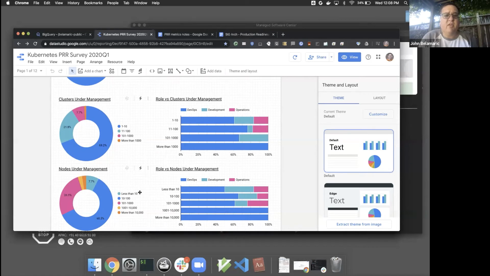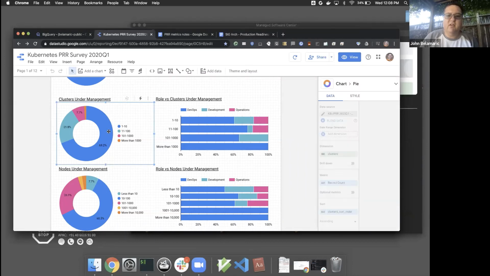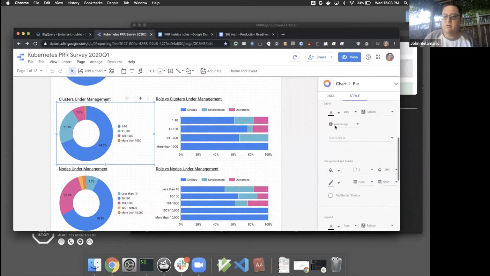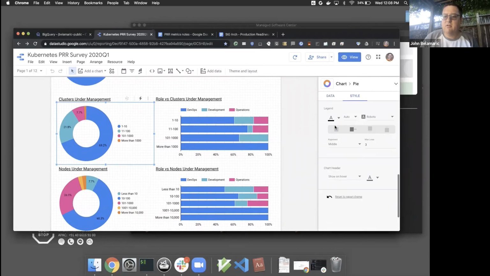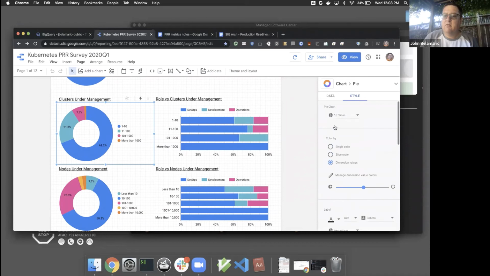you can see that most of the people responding have a small number of clusters under management, with just 1 to 10. That's over here. I didn't give the numbers here. I can actually add that. Oh, those are percentages, that's why.